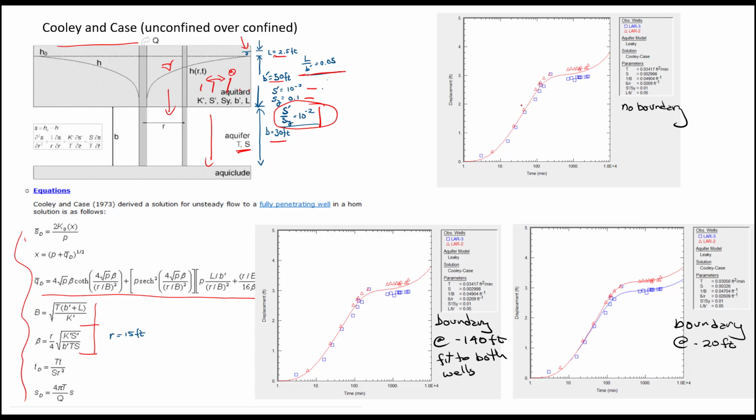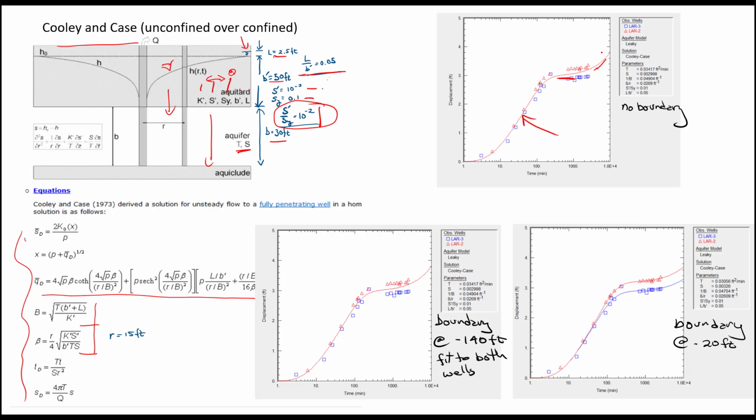For just the basic analysis, there's the curve, and you can see it fits the data pretty well. It looks pretty similar to the Neuman analysis. We get a break in slope, and the drawdown flattens out, but doesn't flatten out completely, still has a positive slope, and then it curves up here at the end.